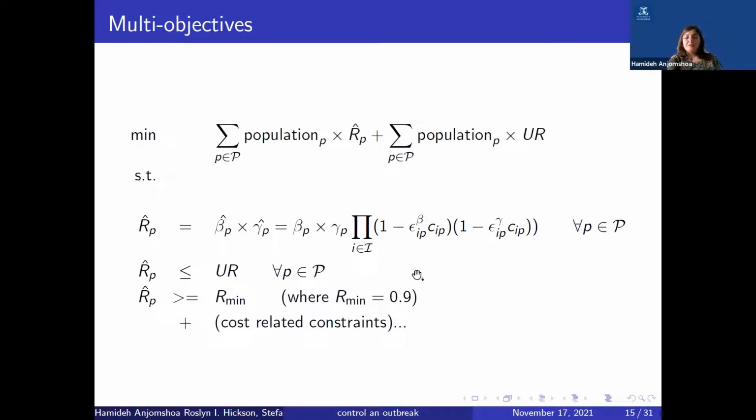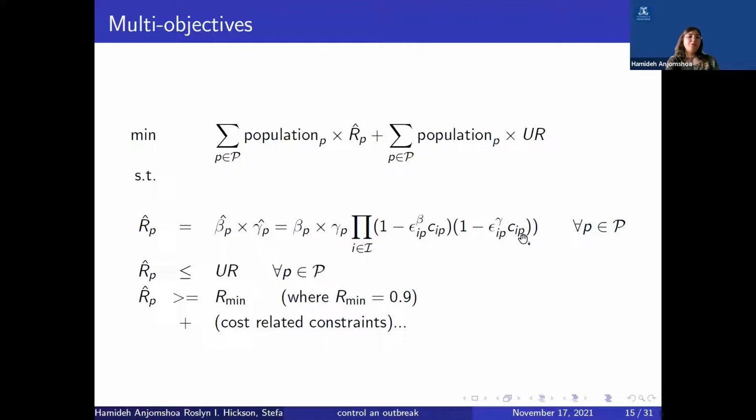So the first equation that we need to consider, as I told you in the previous couple of slides, is R0 P equals beta P times gamma P. That was the equation: the multiplication of 1 minus efficacy times the coverage, where the first term is 1 minus efficacy of beta, and the second is 1 minus efficacy of gamma, times the population.